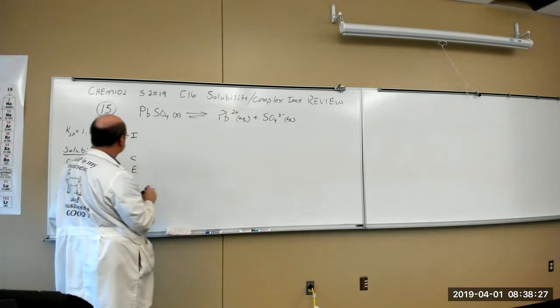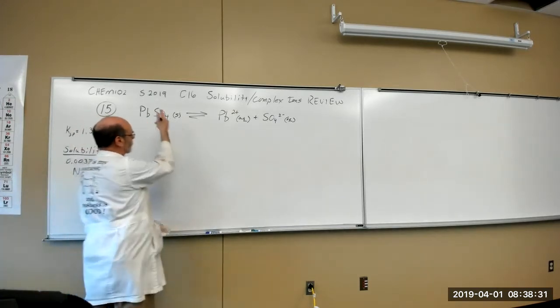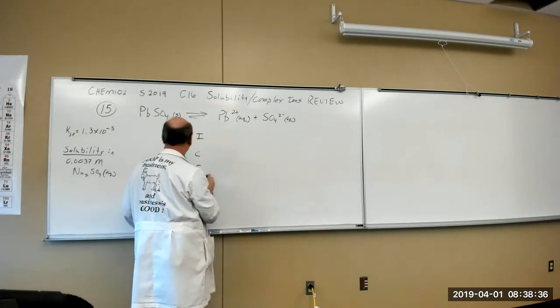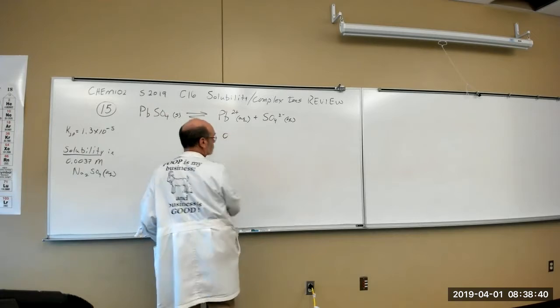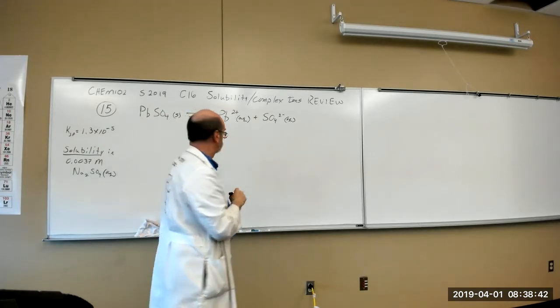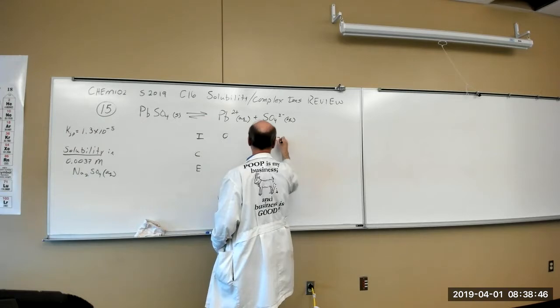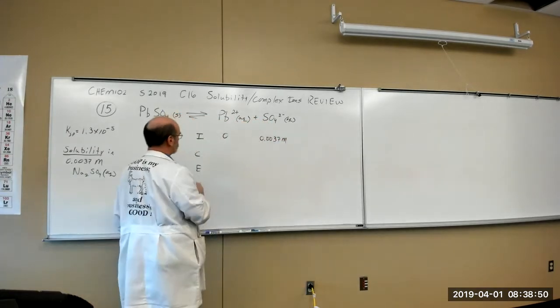So we go to ICE. Actually, we don't need that, so I'll put ICE over here. So what's the initial concentration? Well, we're starting out here with 0, right, before equilibrium. And we're starting here with 0.0037 molar.